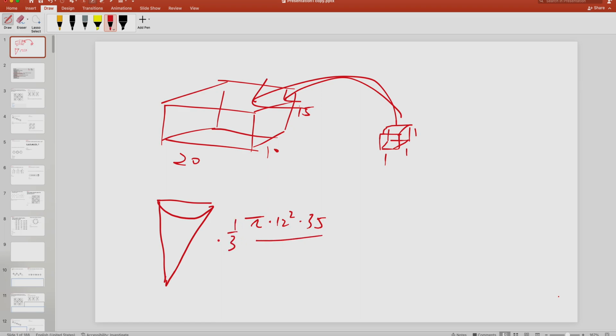And then because it's half of it, right? So that's why we need to put a half in there. So this will give you the volume of this. What's the answer?